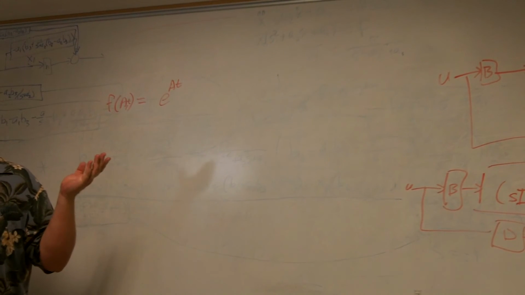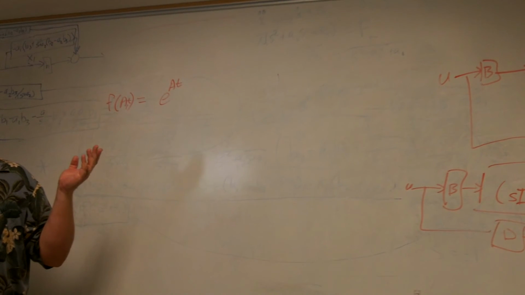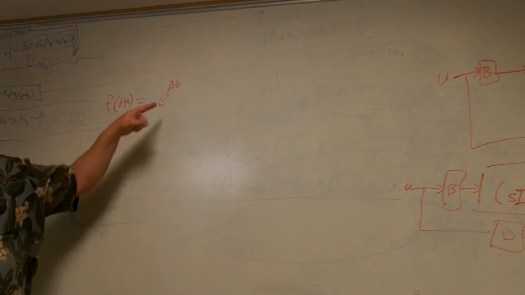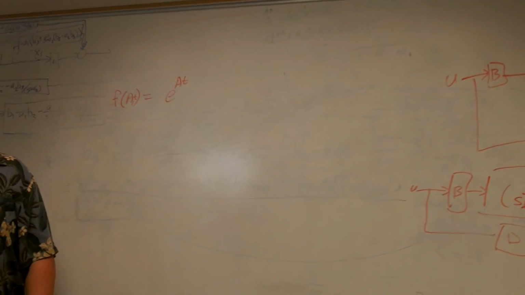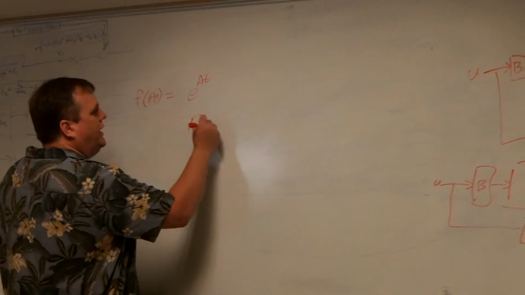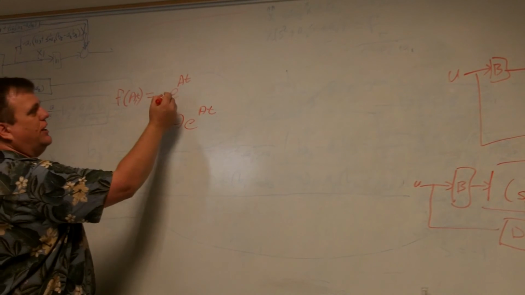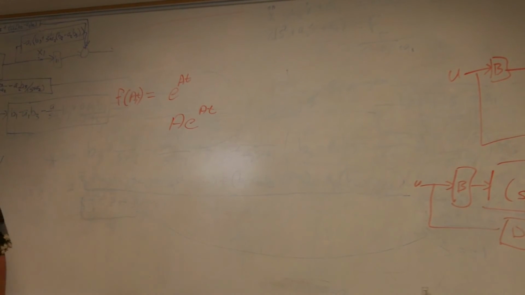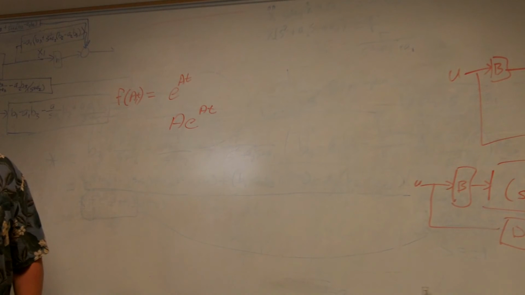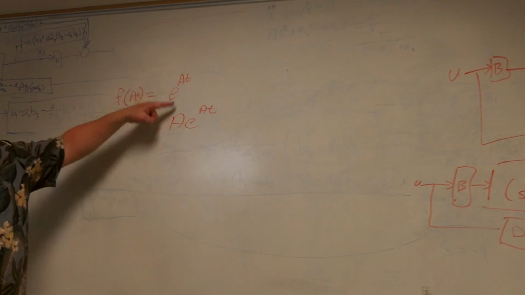Now, why do I care about e to the AT? What's the derivative of e to the AT? A e to the AT. Now this is an exponent of a matrix. Sounds kind of ugly, right? But notice that's the derivative.